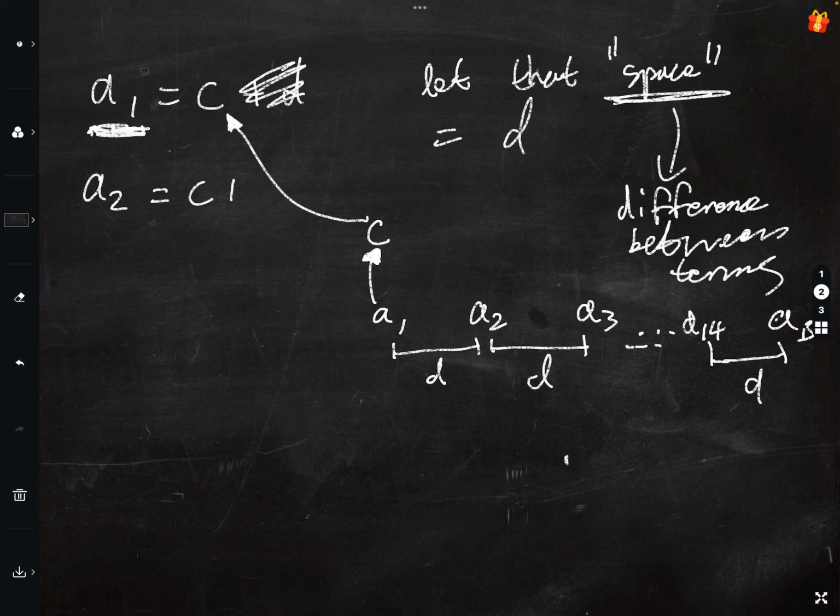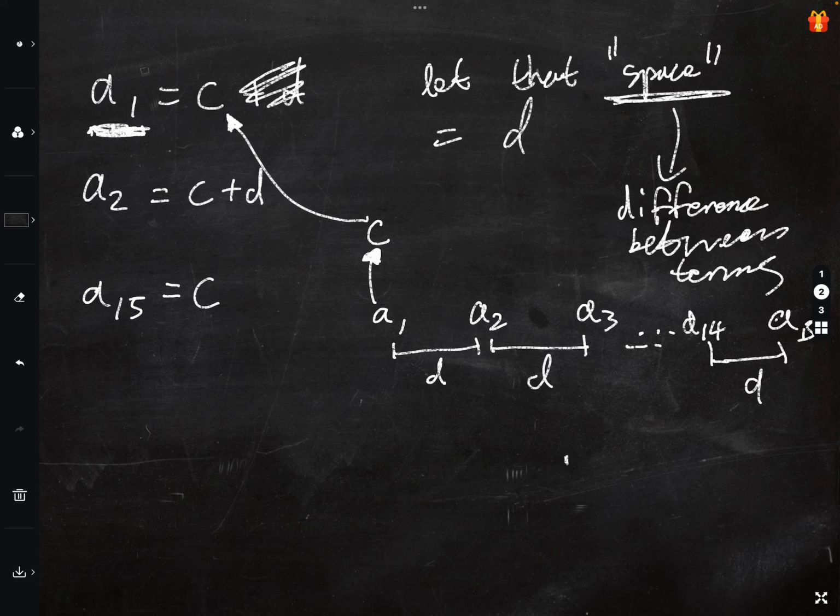A much better thing to do is to call this a2 and to call a15 what? Now, alright, so we've got a1 is c, a2 is c plus d. Now a15, alright, so we know that there is always one less d than the term number.